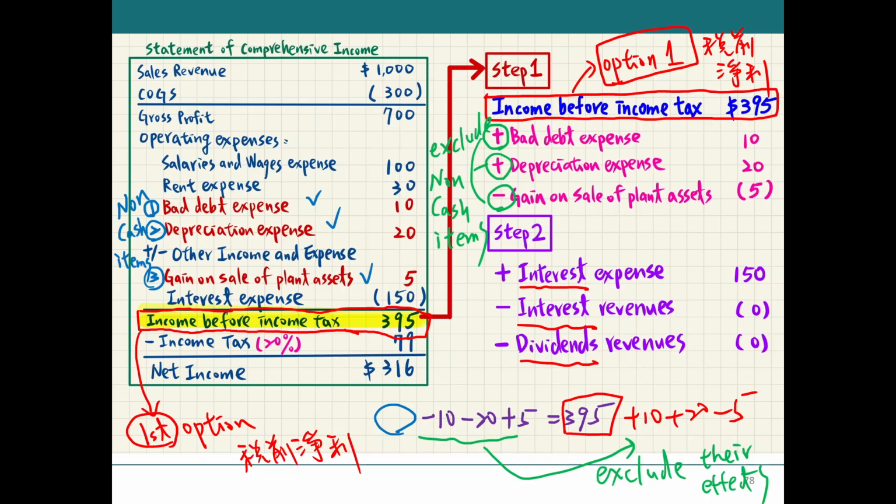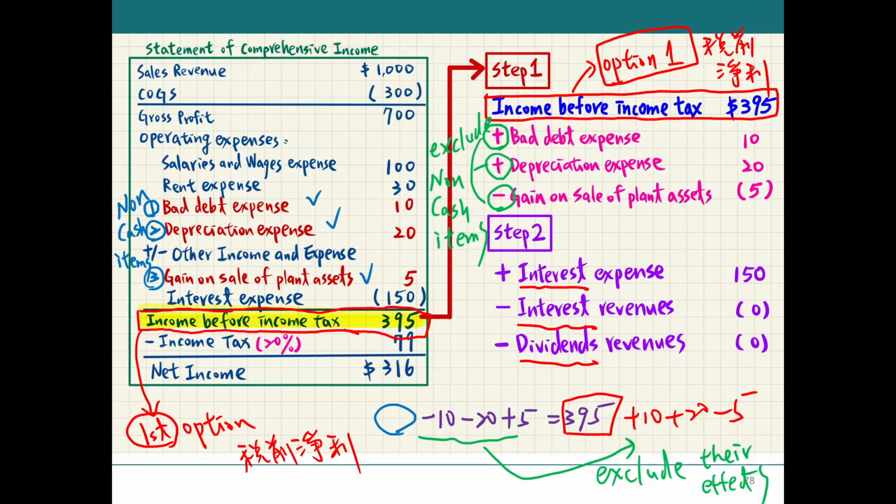Maybe you will ask, hey, then why not tax? Remember, what's our start point? Right here. 395. Do we include the tax? Not yet. Tax is the next one, right?